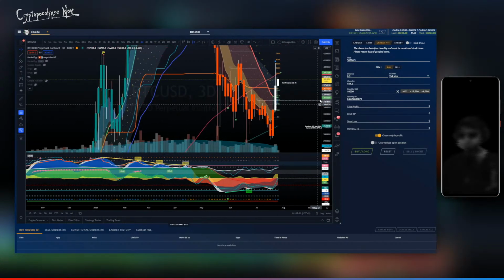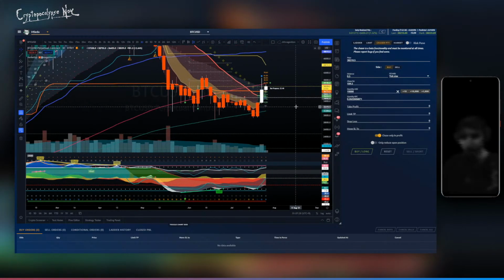I think it is safe to say that we're going to have to come back to this level. Now this is at 35, 34. There's a gap. I think it's possible that we have a retest, but we're going to wick down, close that gap, and pull back again into the green range over here.